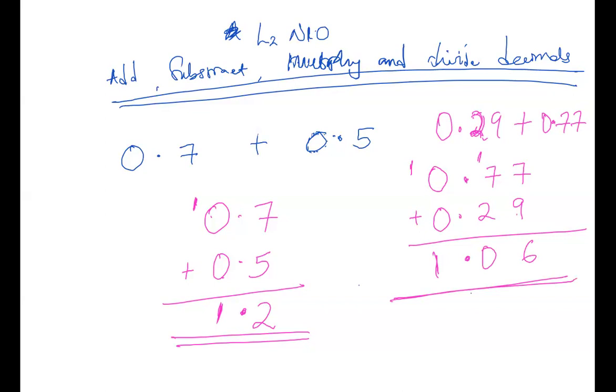Does it have to be the bigger number on top, like the 0.77? It doesn't matter. Anyhow, let's try it with a different number. Same thing, 0.29 and you have 0.77.